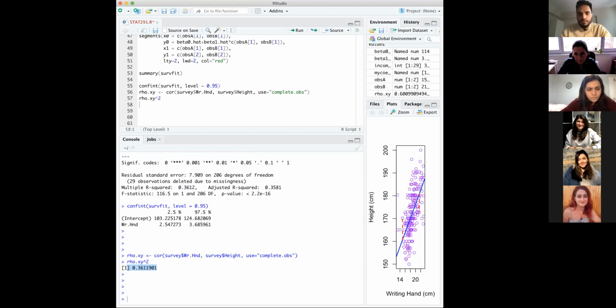Okay. And also maybe you see that we have residual standard error in our output, which is the estimated standard error of the epsilon term. In other words, the square root of the estimated variance of your epsilon, namely sigma square.